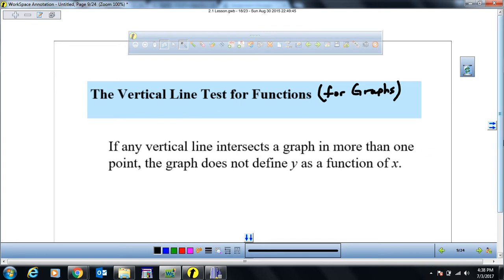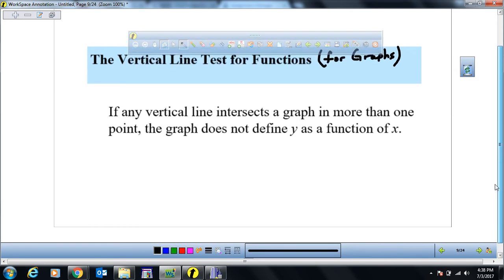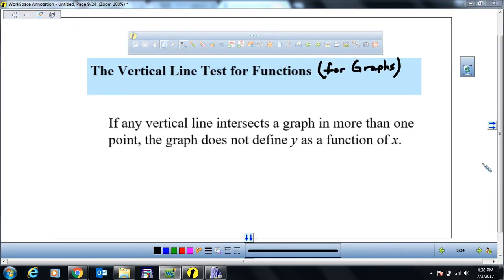That tells you the following, that I just draw a vertical line on the graph. If any vertical line that I draw intersects my graph in more than one point, then that is an indication that that given graph is not a function. When a vertical line intersects the graph more than once, that tells you that that specific value of x on that vertical line has two different values of y or more.